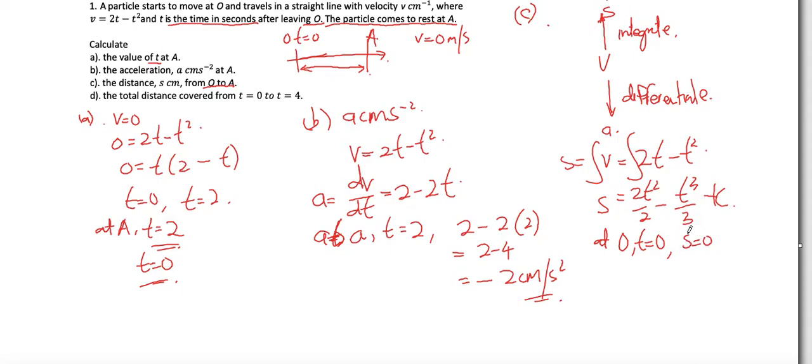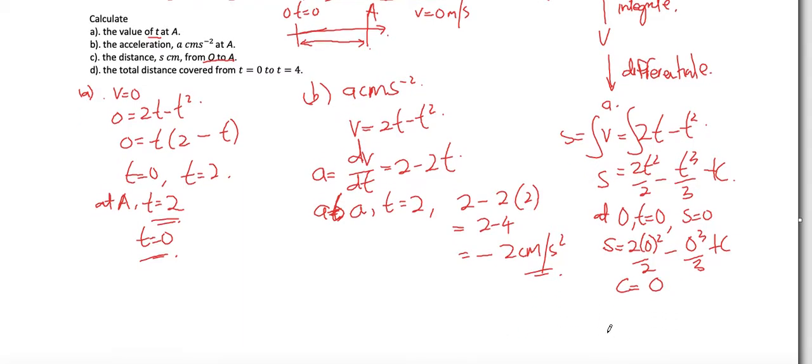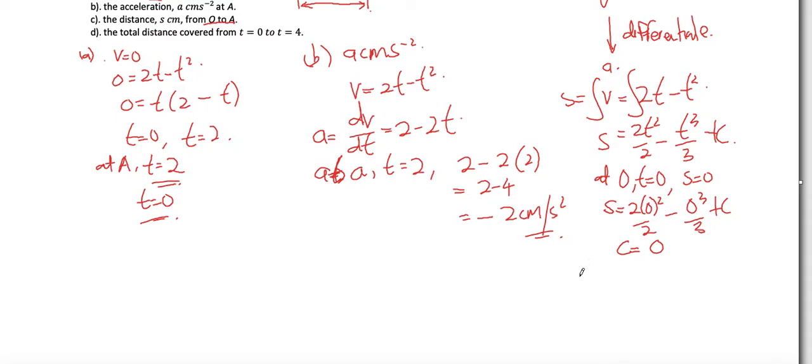So s = 2 times 0² over 2 minus 0³ over 3 plus c, and c = 0. Since c = 0, our equation for s is t² - t³/3. This is the equation for s.